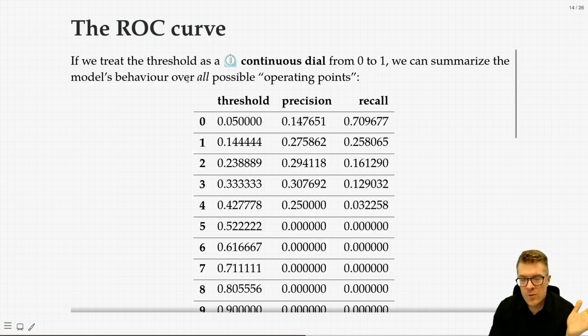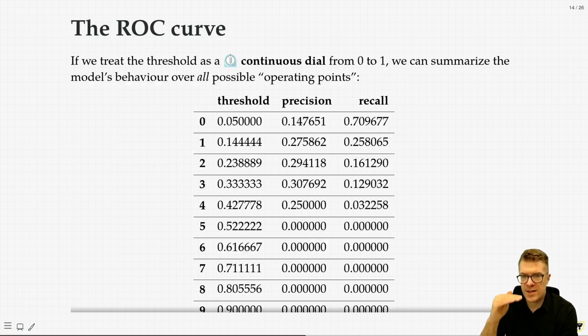So, the ROC curve. The ROC curve, like the confusion matrix, is one of the visualizations of the performance of a model that we tend to see quite often in reports. We can treat the threshold, which we previously set as 0.5, as just a simple dial. We could set it to anything from 0 to 1.